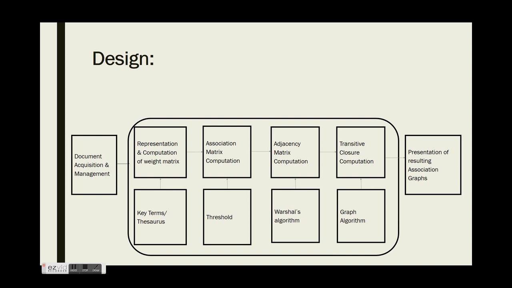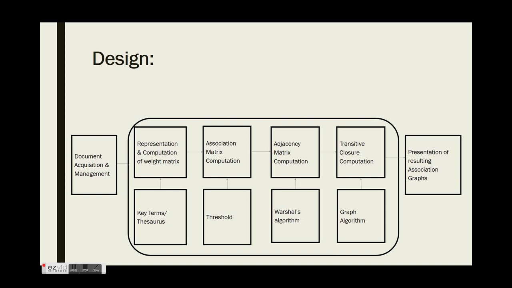So let's now look at the design process here. So the initial step is to acquire the document and manage it, and then the next step is to use the key terms and or the thesaurus for the representation and computation of weight matrix.